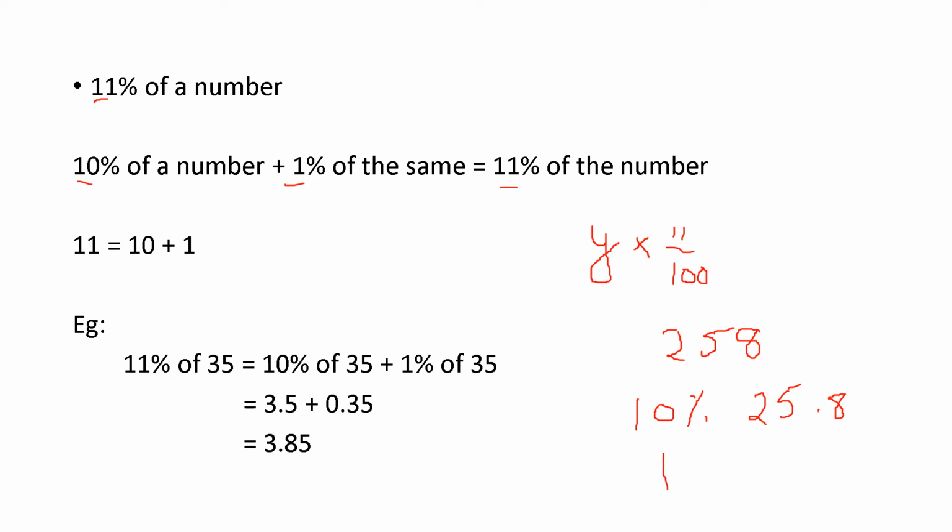And 1 percentage of that number is 2.58. That is the number into 1 by 100, right? So number into 1 by 100 means this is 258 into 1 by 100. So 2.58. That's it. Okay. Just take the 2 digits from the right hand side and then put point.